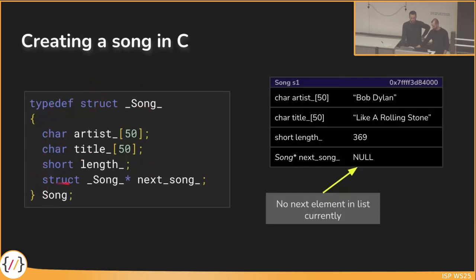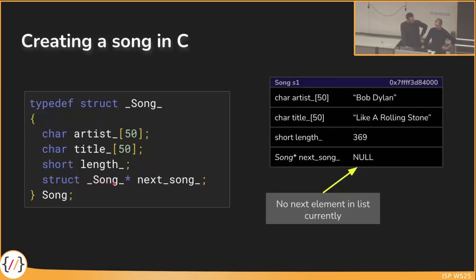So we have to use this notation. Just one remark: at this point in the code, the typedef is not yet finished, because it's finished here. So at this point there is no song yet, but there is a struct song, so we can use struct song.